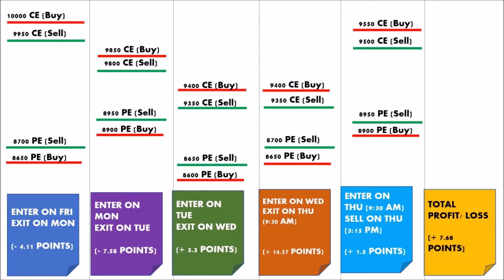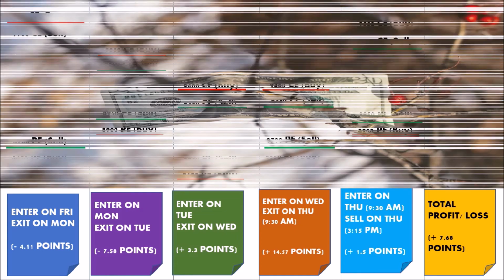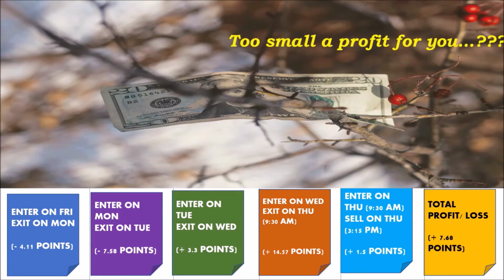25,000 rupees. So if you are trading with a capital of say 10 lakhs, you will be making around 6,000 or so. Now some people may feel that is too small a profit for you, but remember, this profit is steady and consistent, and it is going to protect you at the time when there is a crash in the market like we have just seen, or there is a heavy spike in the market, right?